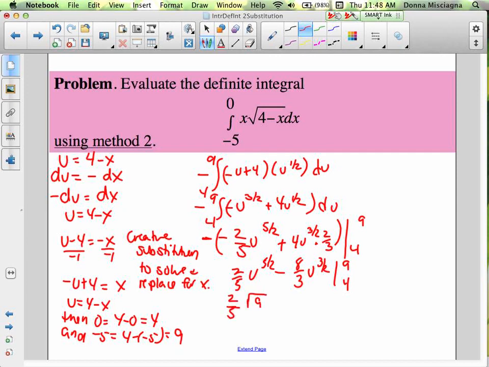Square root of 9 to the 5th power minus 8/3 square root of 4 cubed, which will give us 2/5 times, this would be 3 to the 5th power, which is 243, minus, so this would be 2 cubed, so that's going to be minus 64/3. Well, I'll write in 8/3. And then this would be 2 cubed times 8.